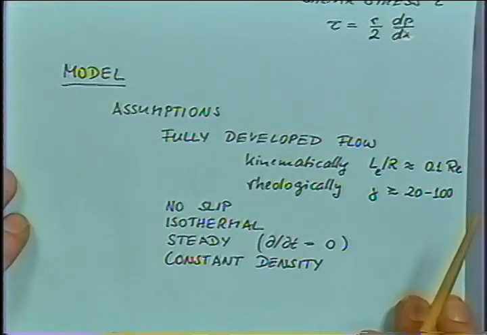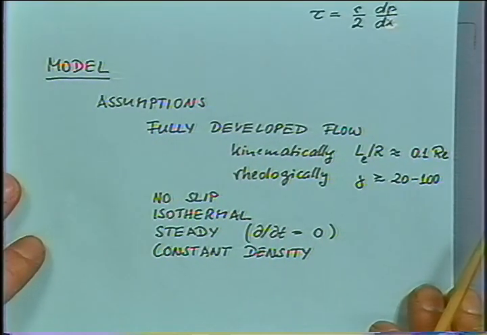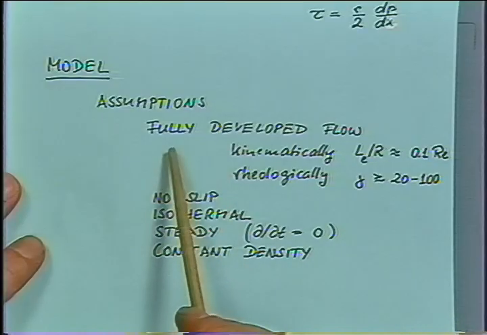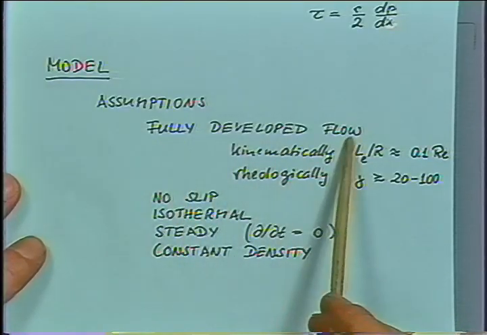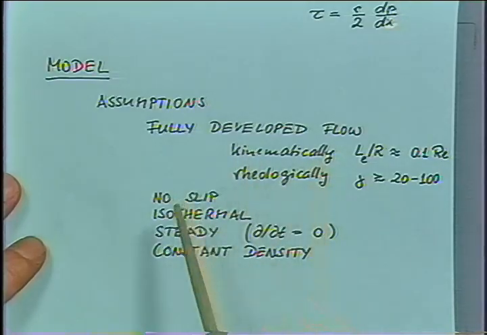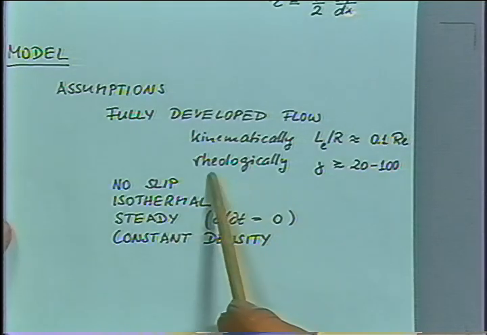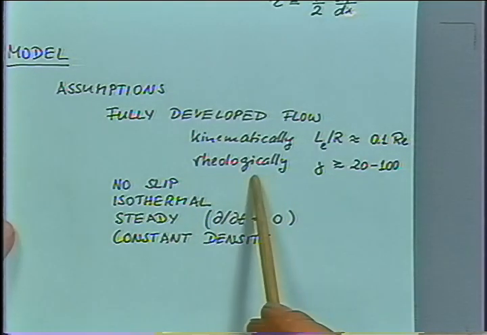Now for finding the shear rate, we have to model the flow, which we did. We will assume that the flow is fully developed. It's a steady shear flow we are looking at. The flow is fully developed kinematically. There's some acceleration involved in the entrance of the capillary. It will be fully developed rheologically.